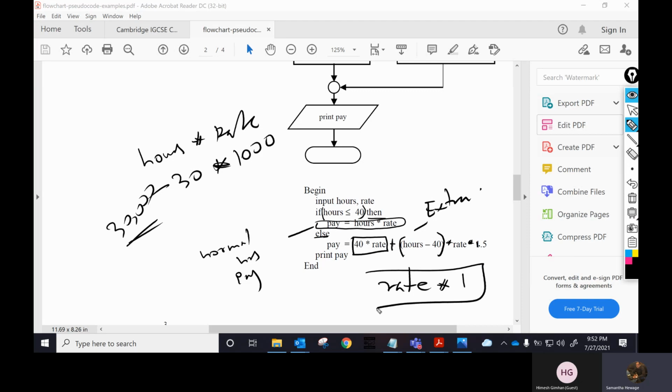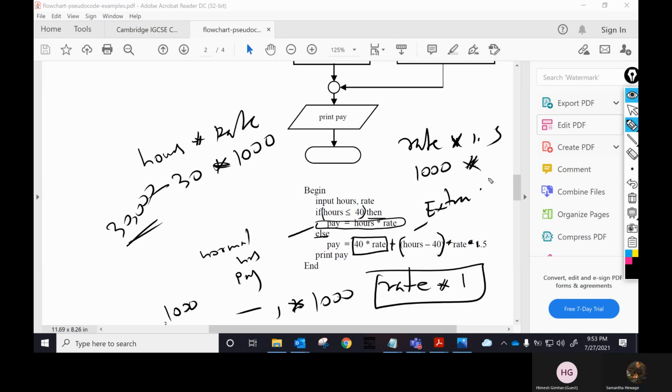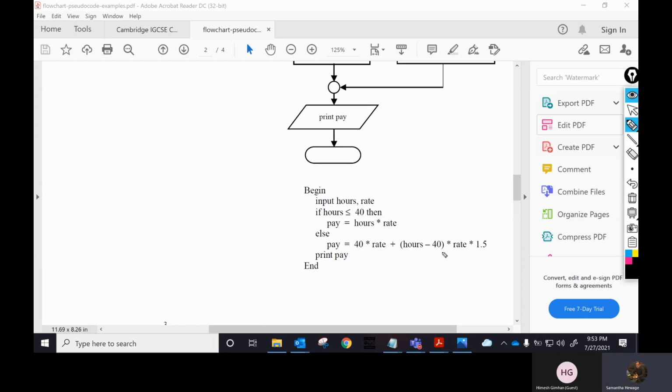That's what rate into 1 means. Say the rate is 1000; 1000 into 1, again 1000 comes. Why this 1.5? Rate into 1.5 means if you take rate 1000, 1.5 means 1500. That's why it shows like this.